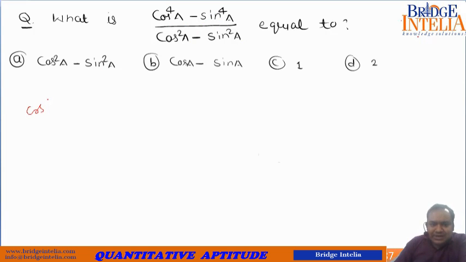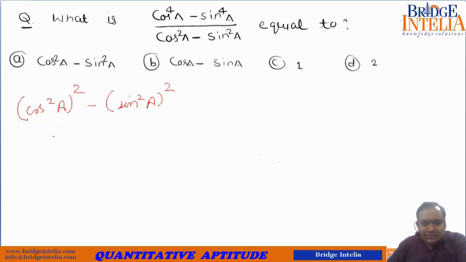This can be written as (cos square a) whole square minus (sin square a) whole square, and this whole is divided by cos square a minus sin square a.